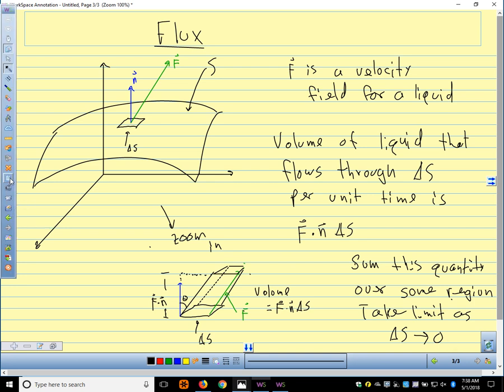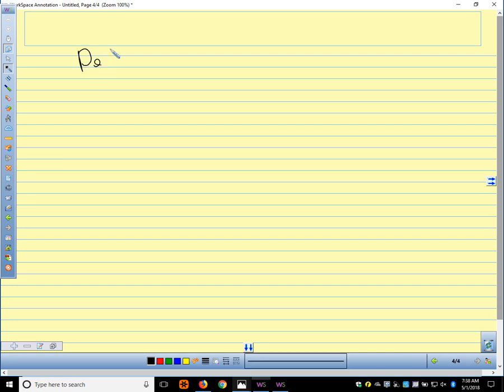And we call it the flux integral, in parentheses, or vector surface integral.